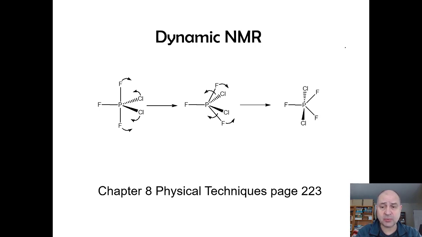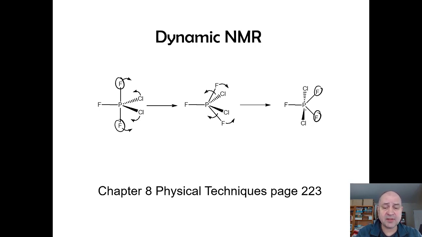You can have an exchange between square planar and trigonal bipyramidal, so you have axial ligand or position and equatorial position exchange. Here the two fluorines that are axial, they exchange and they end up in equatorial positions here as this process proceeds. And we can use NMR spectroscopy or other spectroscopy like IR spectroscopy to detect that, right?